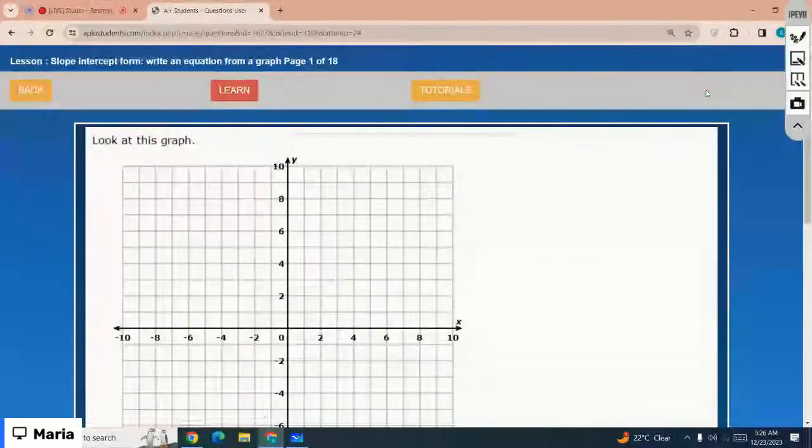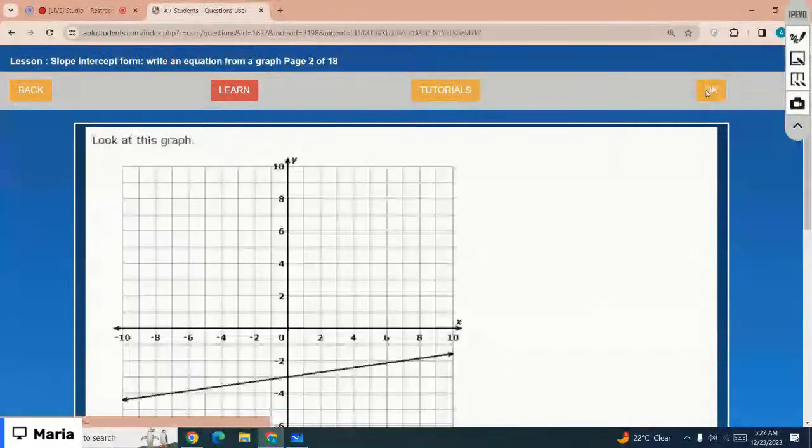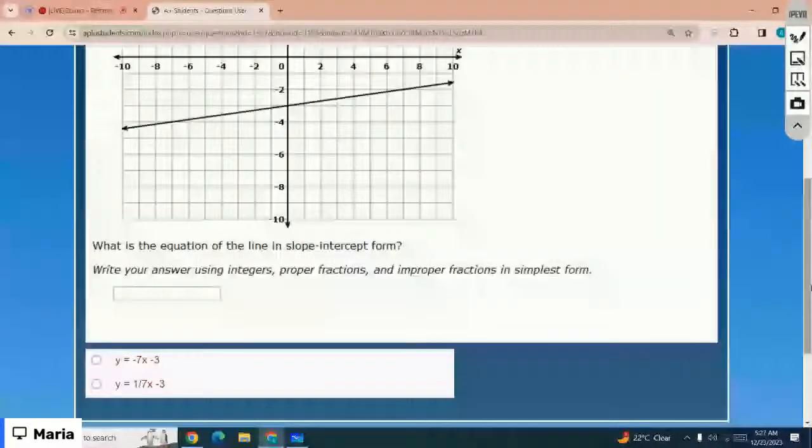The next one is, look at this graph. Just see the graph and write down the equation, which is the solution. Which is the correct option?